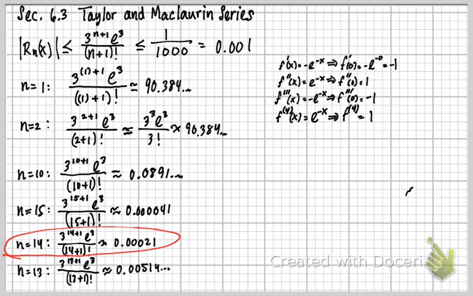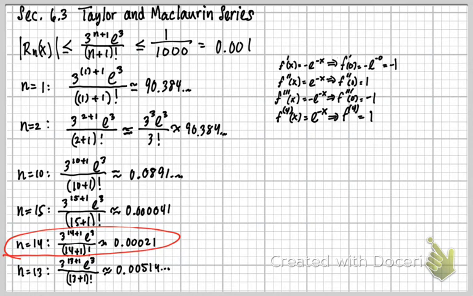When I do each of these derivatives, I see this nice pattern. The second derivative turns out to be positive 1. The third derivative turns out to be negative 1. The fourth derivative turns out to be positive 1. So I have this alternating pattern where every even derivative is positive 1, and every odd derivative is negative 1.